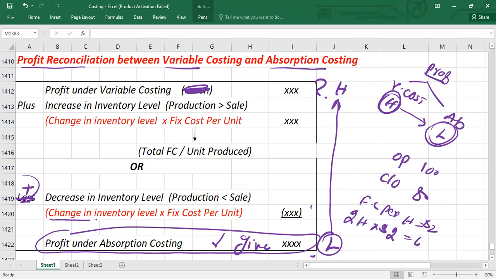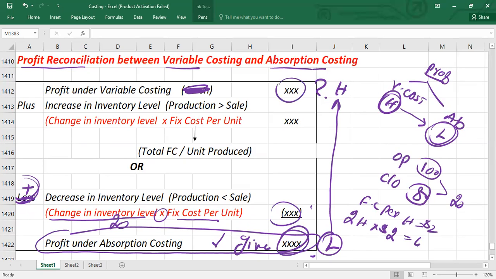You need the change in inventory level multiplied by fixed cost per unit. Again, for example, if your opening inventory is 100 and closing inventory is 80, the difference is 20, which is a decrease. So you will take 20 multiplied by fixed cost per unit. You will take the profit under absorption costing plus this value, and you will reach the profit under variable costing.